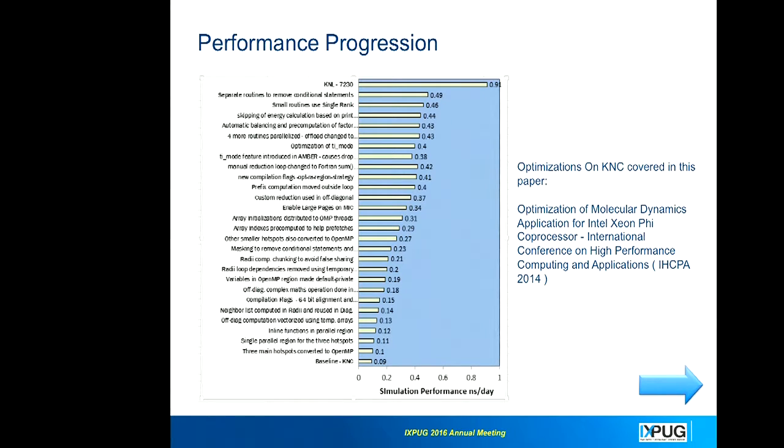This really gave us a very good advantage, because initially we struggled a lot when we were working on KNC to do an offload. At that time at least, the Amber community would not have accepted the offload code. That's where we decided to go for an MPI plus OpenMP implementation, and that proved really fruitful when KNL came out.